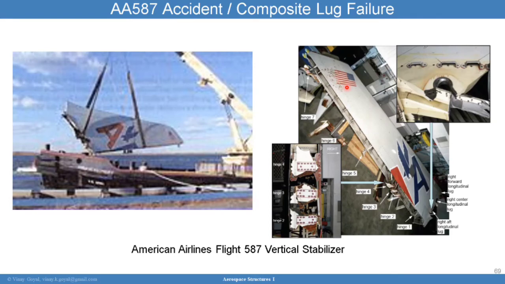And the NTSB at the time concluded that there was an enormous amount of stress being put into the vertical stabilizer, and they really put the onus on the first officer, saying that it was unnecessary and excessive to put in those rudder inputs, and it was not really the wake turbulence of the 747 that caused this fatal event.